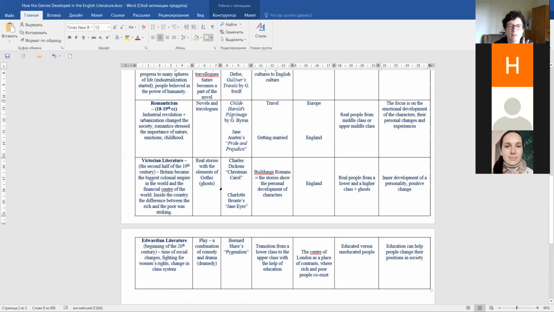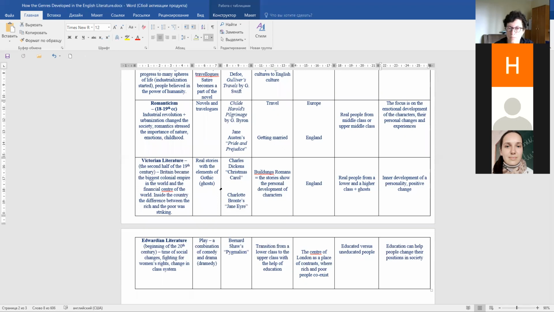Victorian literature started in the second half of the 19th century. At the time, Britain became the biggest colonial empire in the world and the financial center of the world. Inside the country, the difference between the rich and the poor was striking. Here we see real stories with elements of gossip.